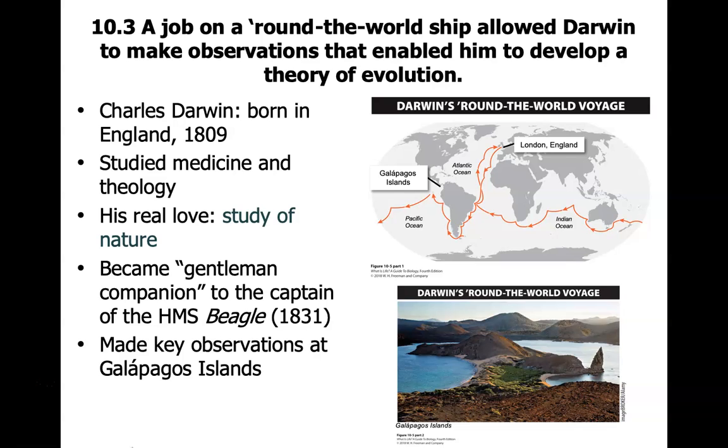So basically, if you have a specific environment on an island, the organisms there are going to be very specifically adapted for that island. So the Galapagos Islands was a chain of volcanic islands. It had a lot of unusual species and a lot of species diversity. And so Charles Darwin did a lot of his work there, observing the different organisms and features in those places.